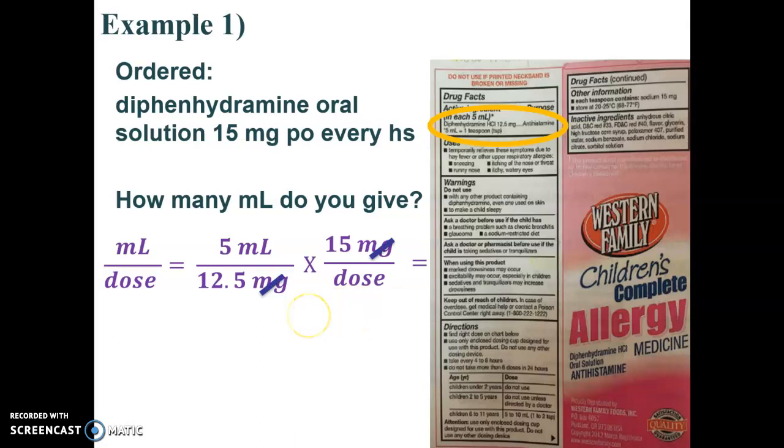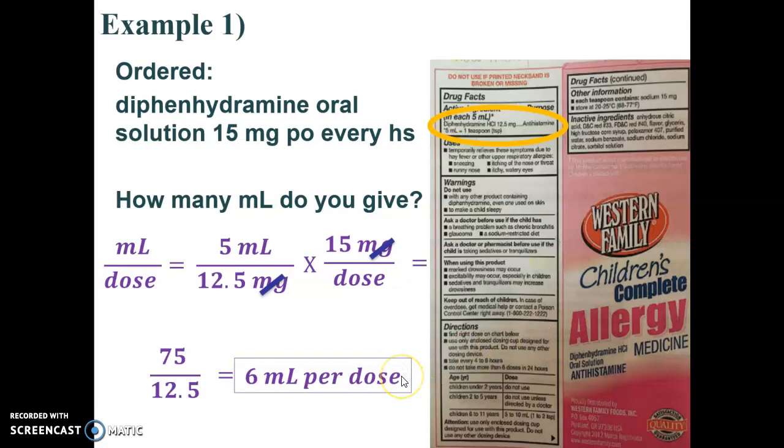The milligrams are going to cancel. So we have milliliter on top, dose on bottom, and that was our desired answer. So we're pretty sure we got the right setup. So let's multiply the tops. 5 times 15 is 75. 12 and a half is the only thing on bottom, so we'll just bring it down. And 75 divided by 12.5 is 6. All right, so that is 6 milliliters per dose.